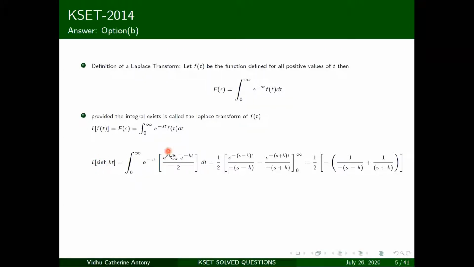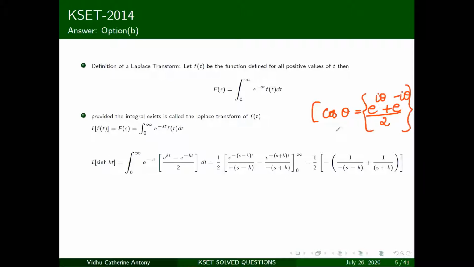You have to know the formula for sine hyperbolic kt. How I remembered it is that when you have an h, you don't have an i on top. Usually cos theta is written as e to the power of i theta plus e to the power of minus i theta, divided by 2.